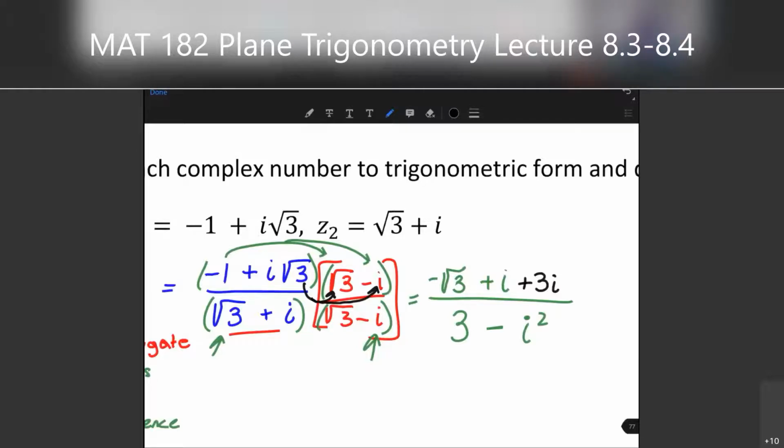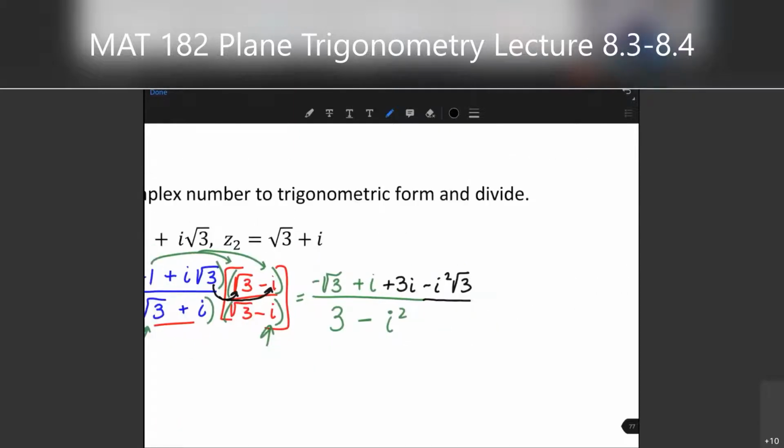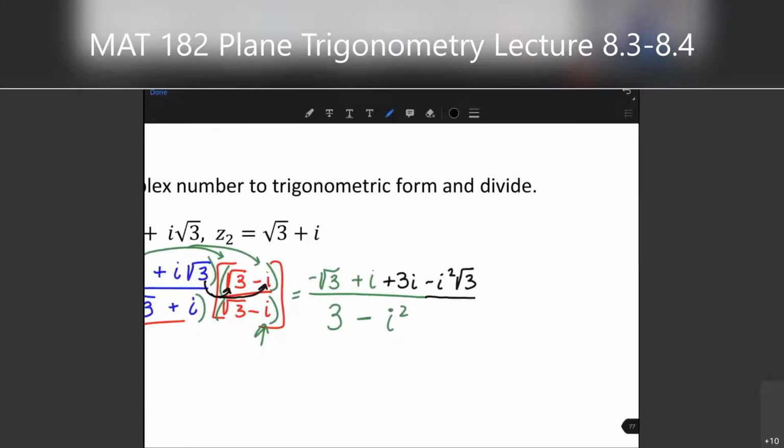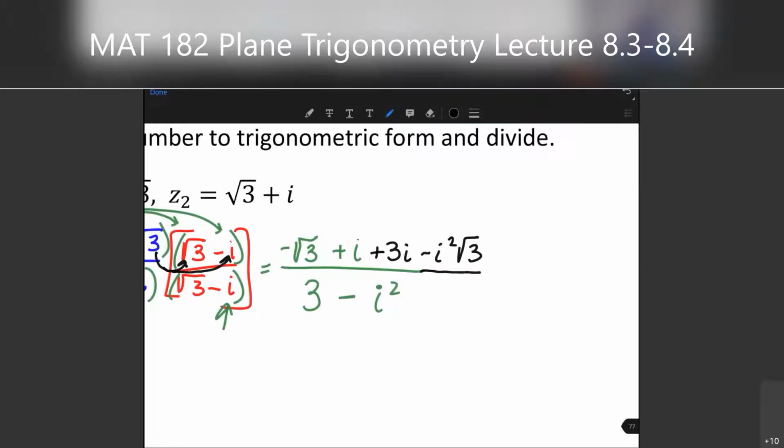And then how about the last term, if we do the last product? Yeah, so we have -i squared, and then we also have that square root of 3 hanging around. So we've got all the items right there. Okay, cool. We still have a little bit of work to do, but we're chugging along pretty well.